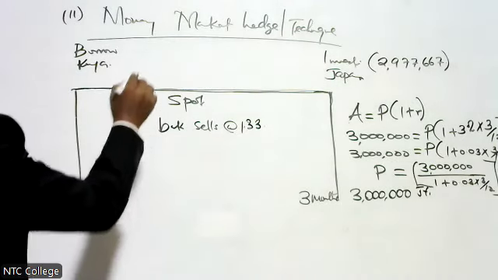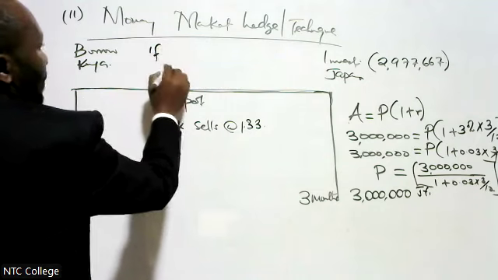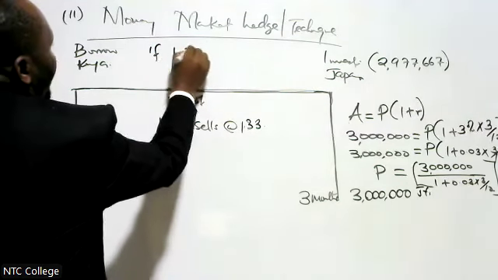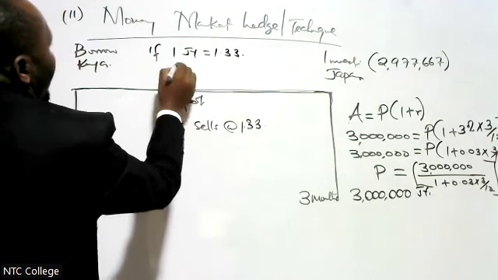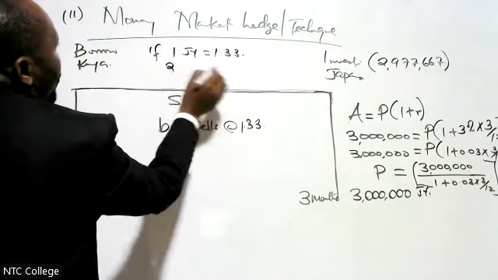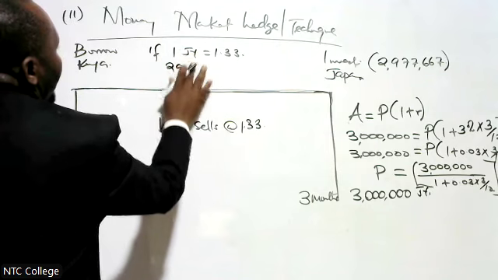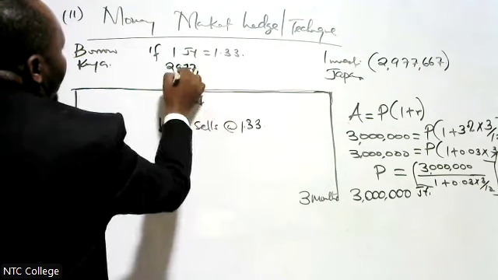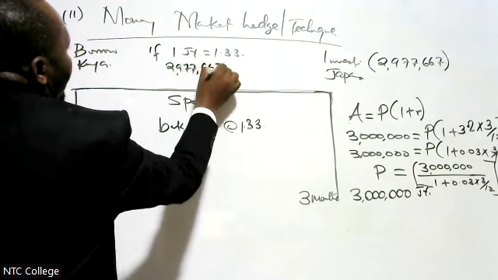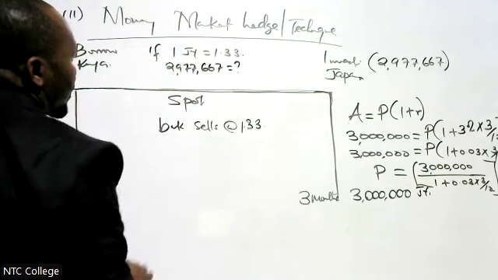So therefore you say that if 1 Japanese yen is 1.33, then I need 2,977,667. That will be how much Kenyan shillings?